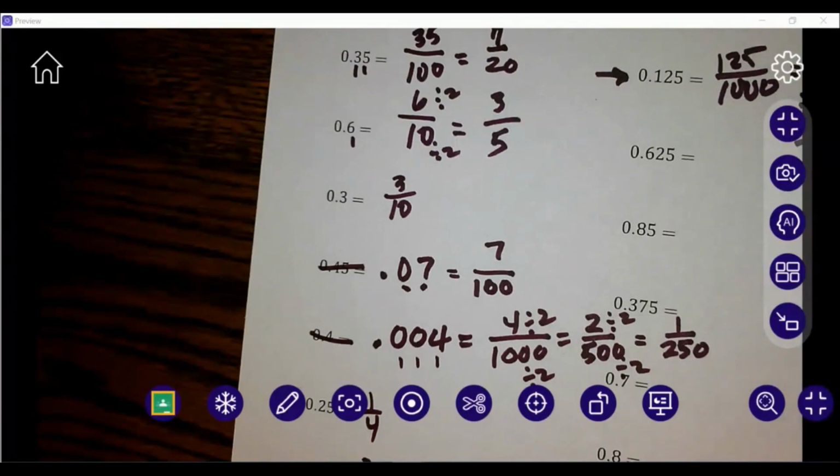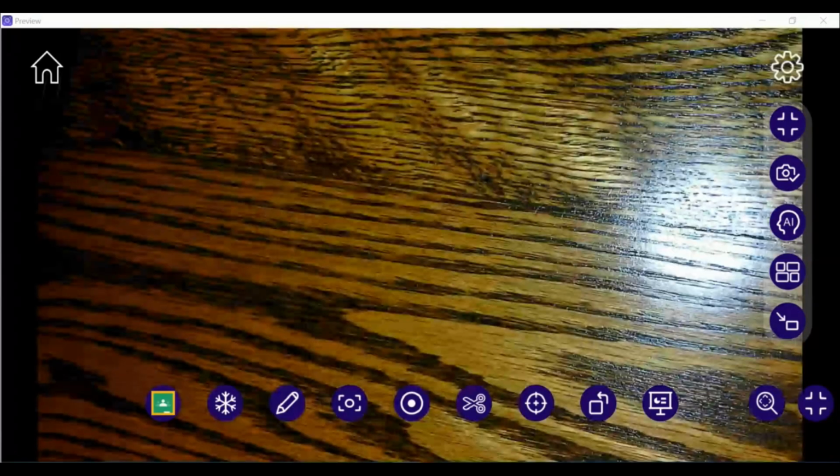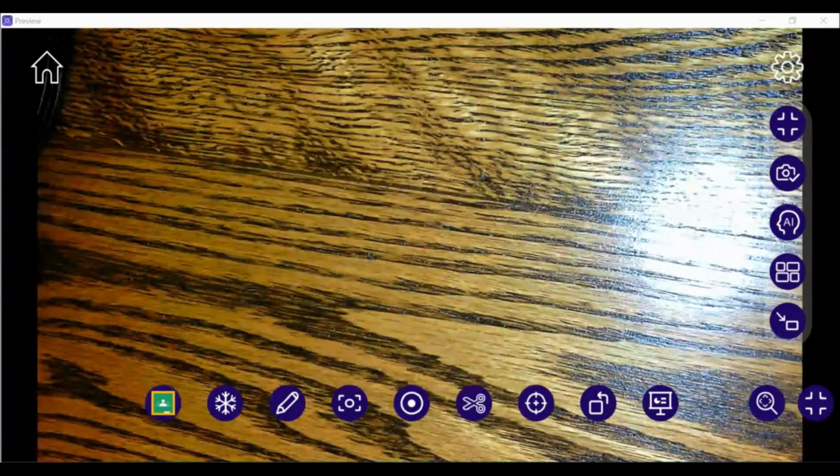It's called Calc 30, and I think I have the link in Blackboard. The link to the app is in Blackboard. So I'm going to give you some to work on.